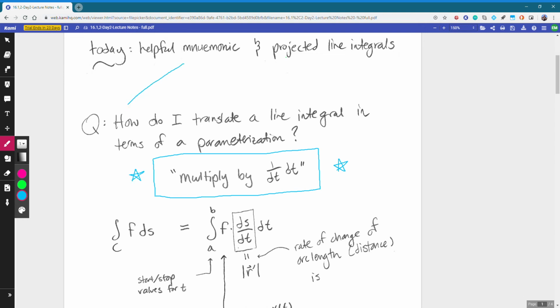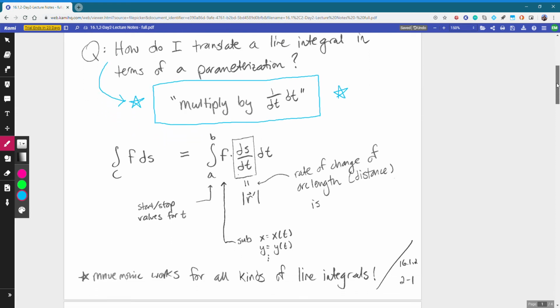And this is the mnemonic that I'm talking about. What I want to do is show us how this works, how this shows us what our line integral is going to translate to. So the way it works is, once we're staring at a line integral in its raw form, and we're wondering how do we translate this, we say, multiply by 1 over dt, dt.